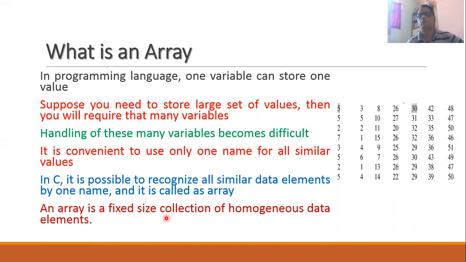Homogeneous stands for similar data elements. Say, for example, when we have an array of only integer numbers, then all the elements of the array will be integer numbers only. Similarly, we can have an array of names, or an array of float numbers also.